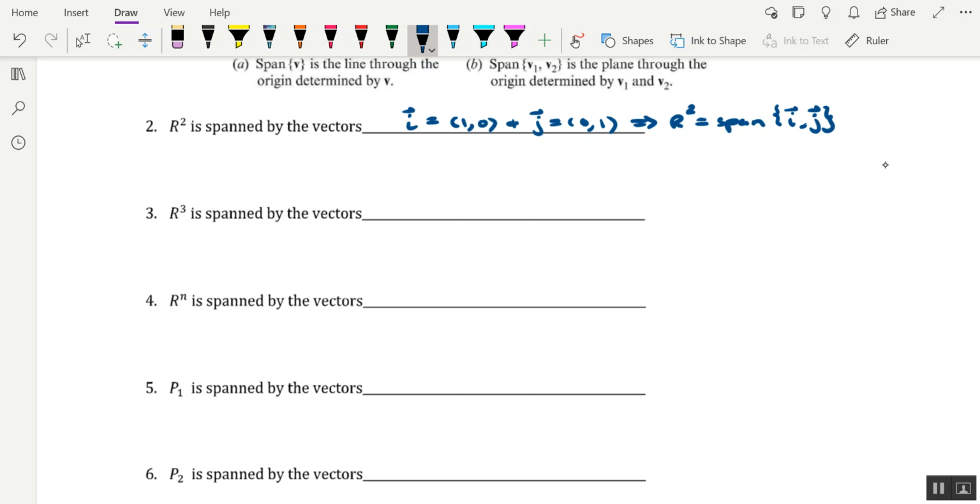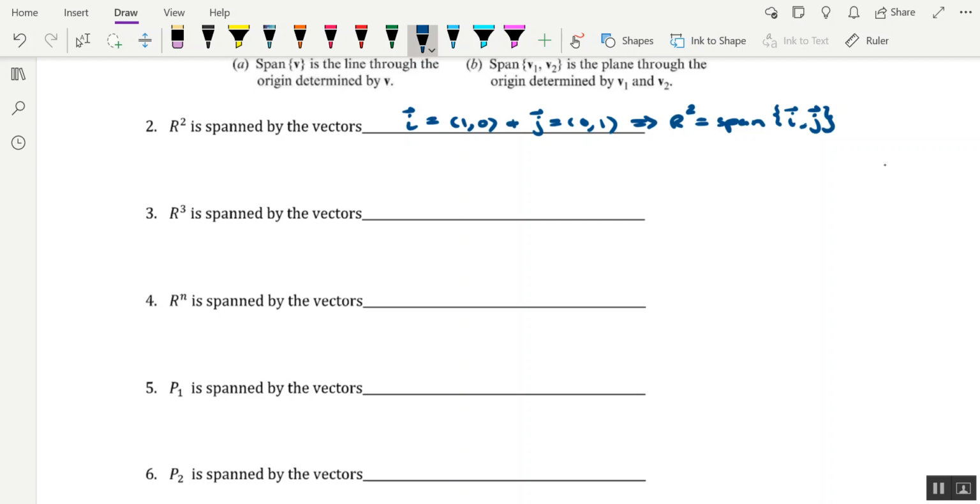These generate all of R2, and later on we'll see that these are not the only 2 vectors that generate R2. There will be other pairs of vectors that generate R2. But for now, we'll just leave it at this.